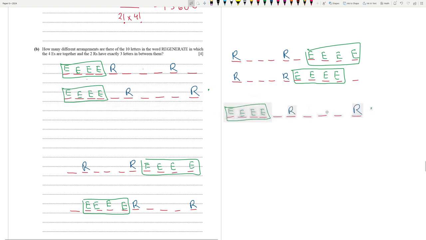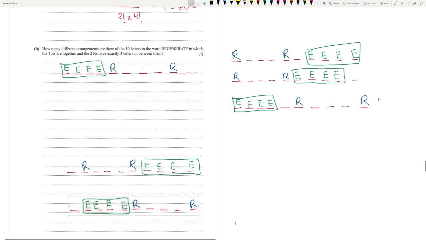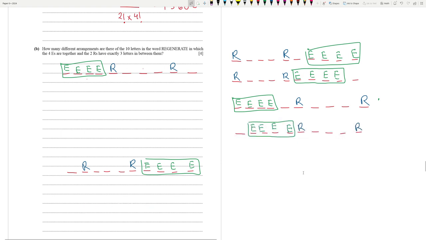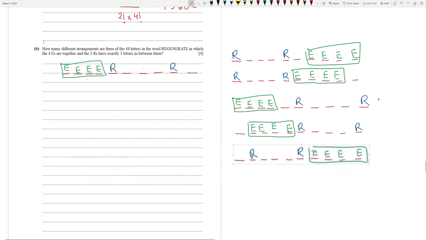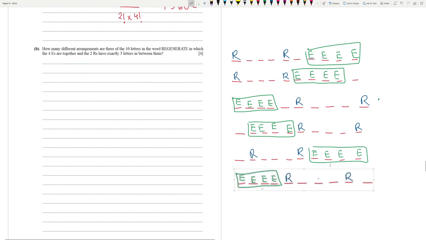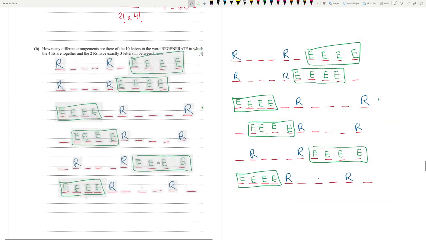And then we have these. Fine. Okay, that's good. And last but not least, these 2 scenarios. Fine, looks good. So this is the way to do it.